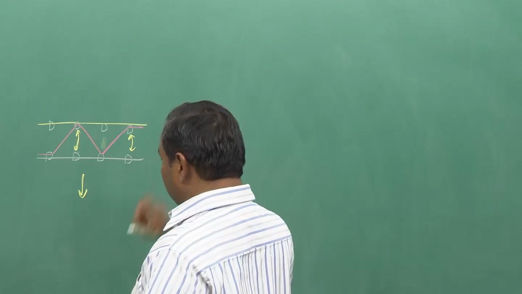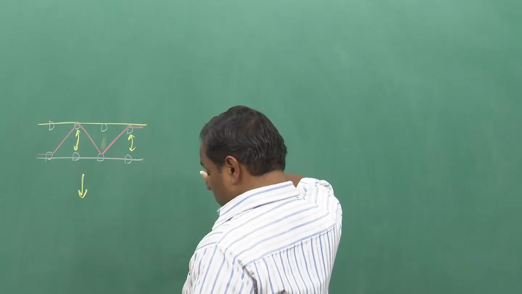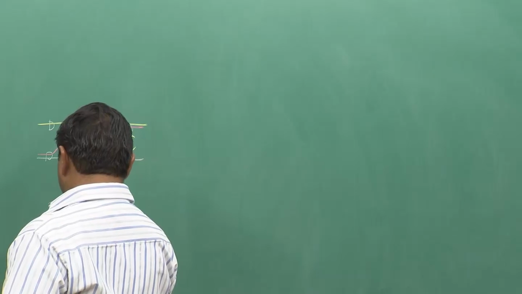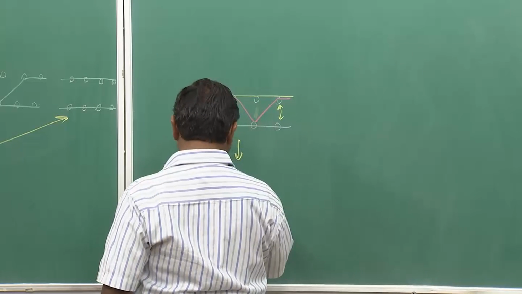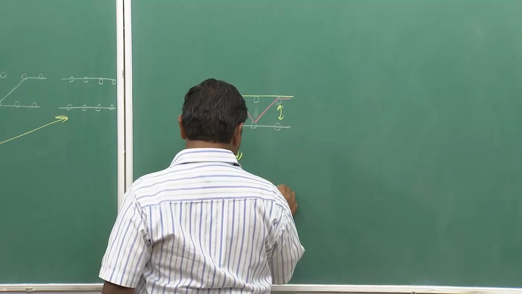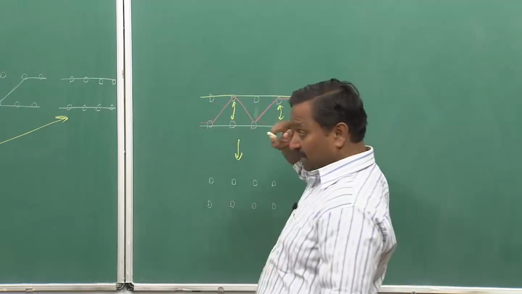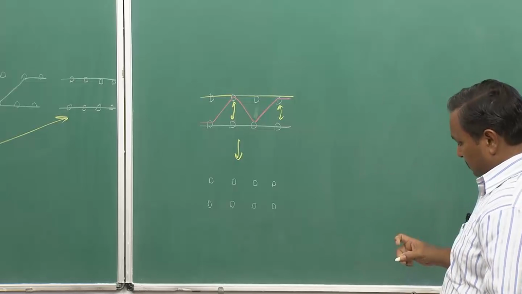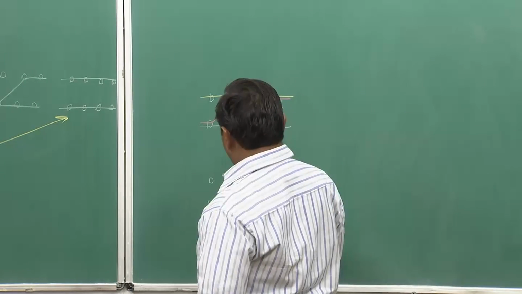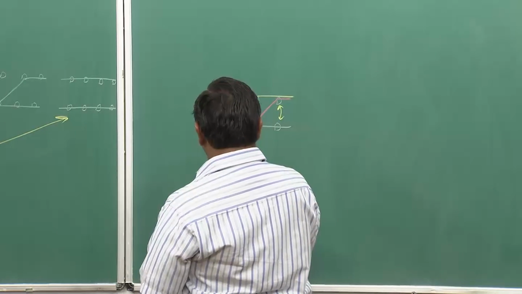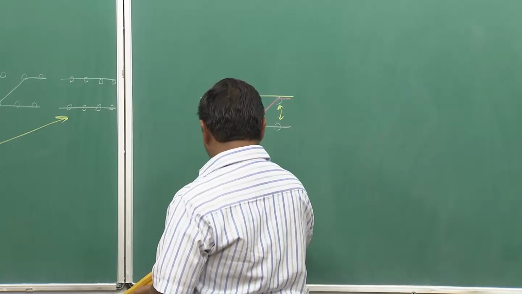Let us see what will happen. So, important thing is that you have to have a geometrical consistency. So, once you do this, I can actually draw the pink going straight all the way.